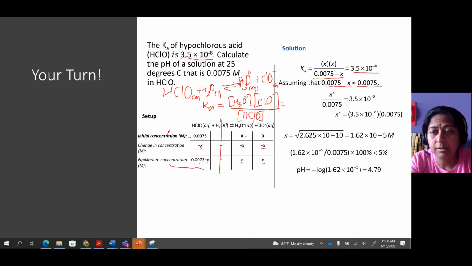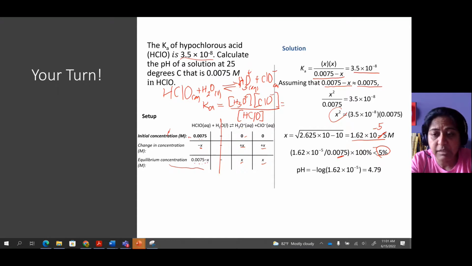So then we solve for x and we get x as 1.62 times 10 to the negative fifth. When we divide that by the initial concentration, we get the percent ionization, which is less than 5%. And we calculate the pH.